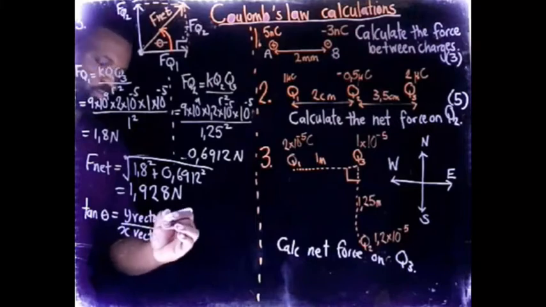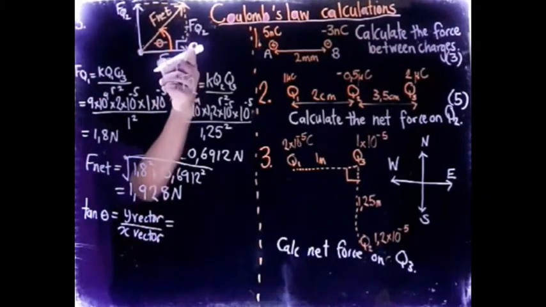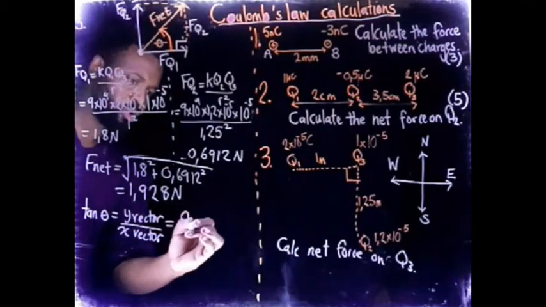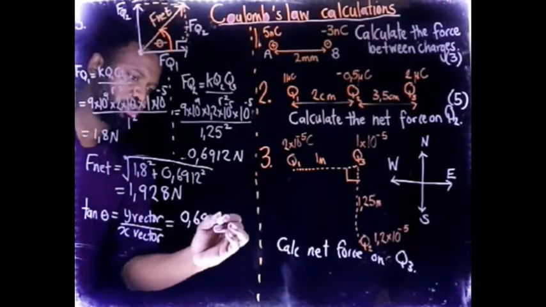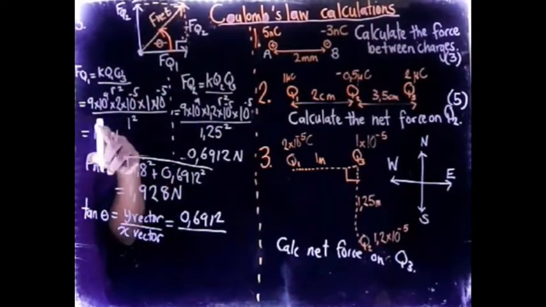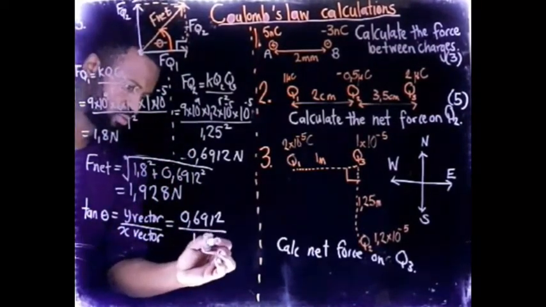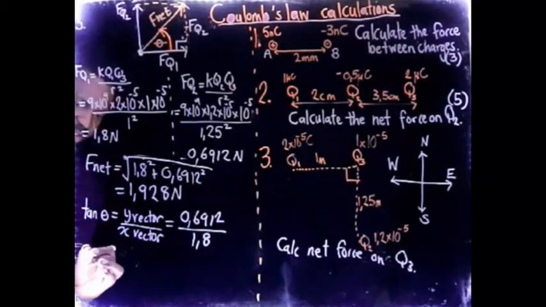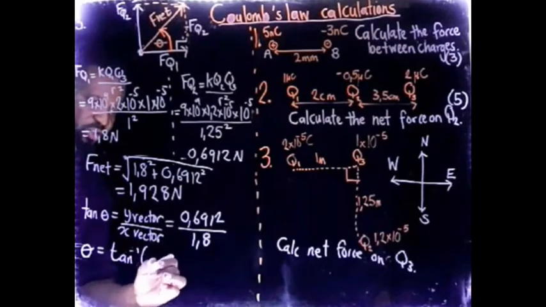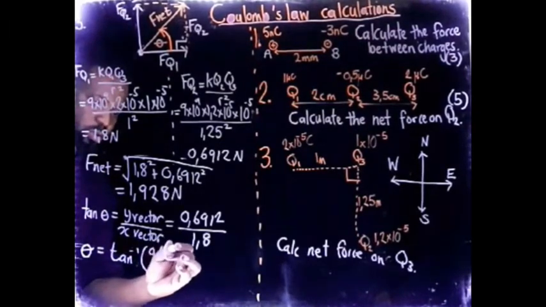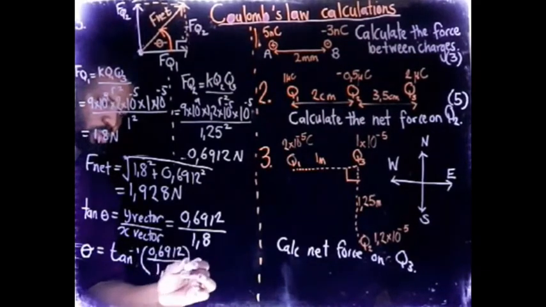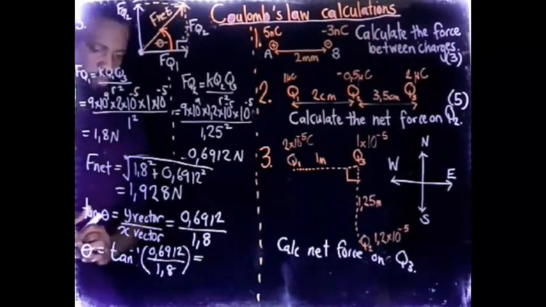Now, what is the y vector? The y vector is FQ2. And we know that FQ2 is 0.6912, over the x vector, which is FQ1, 1.8. So which means now theta is the arctan of that ratio. Okay.